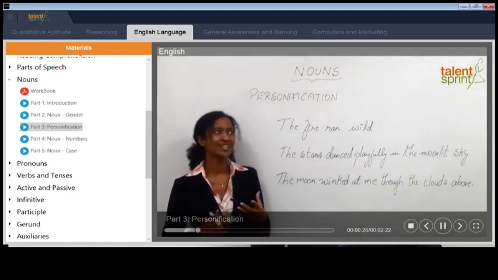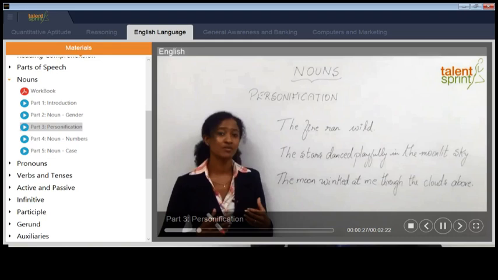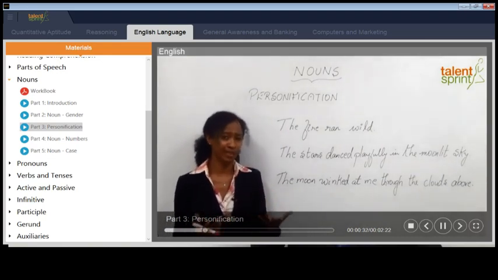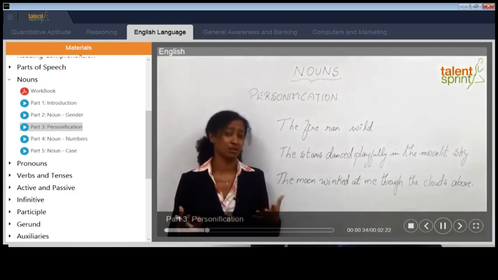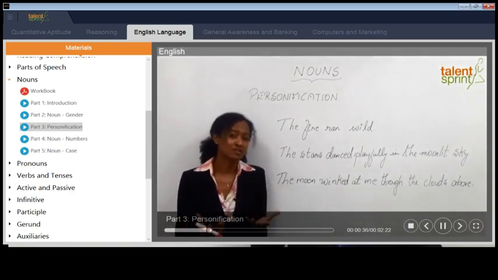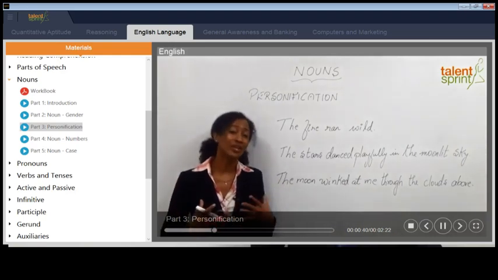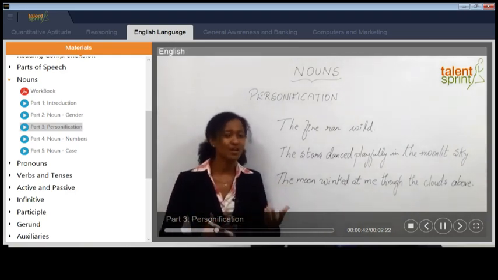So nouns that are remarkable for their strength, greatness, superiority are regarded as male. So sun, summer, winter, death, thunder, storm, wind, time, all of these are male.